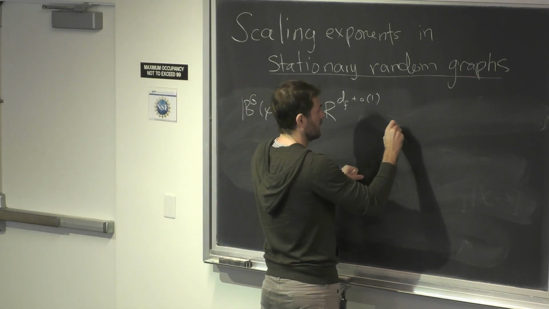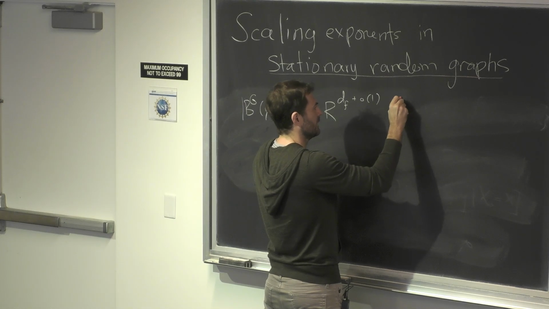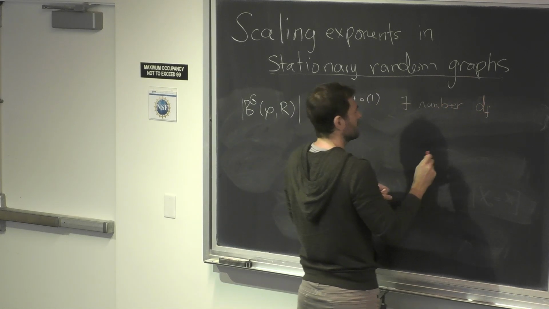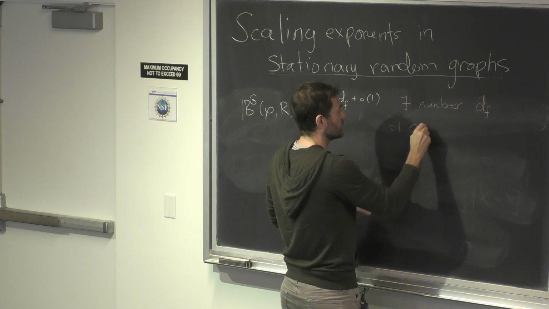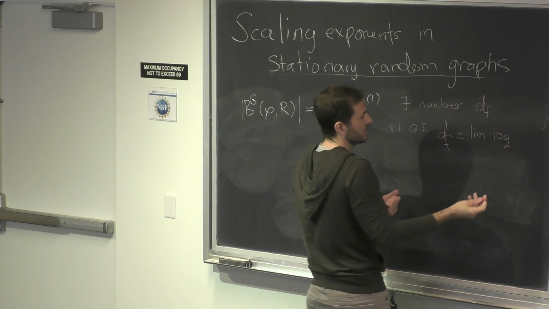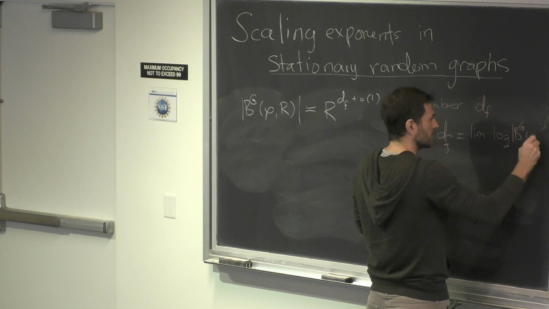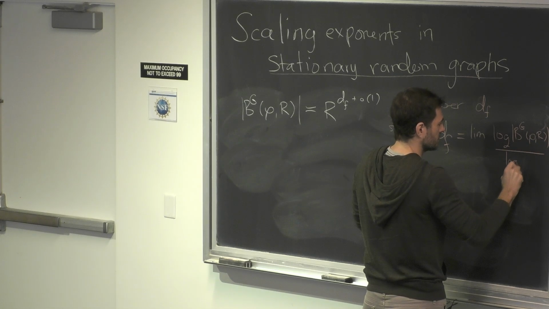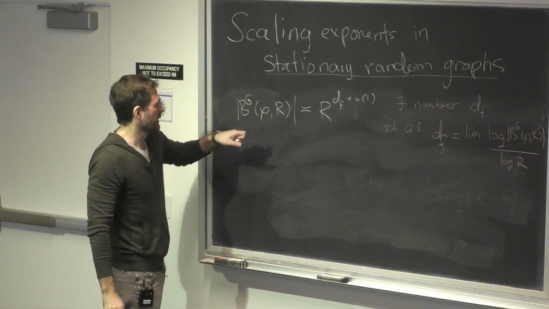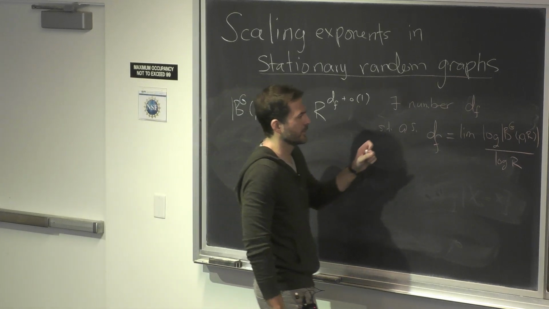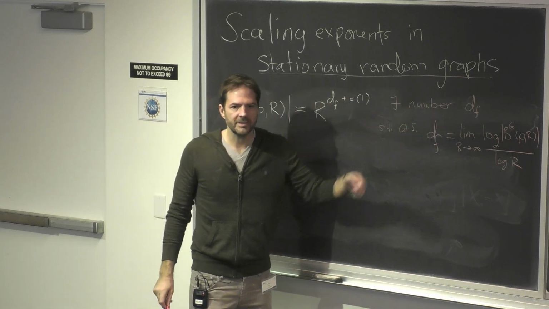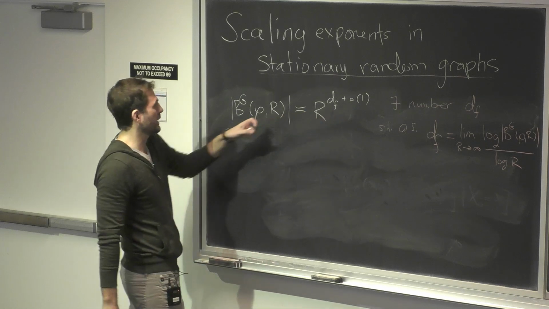Which means that I want it to be that there exists a number d sub f such that almost surely d_f equals the limit, up to sub-polynomial corrections. So almost surely over the choice of the random rooted graph, this limit exists and is equal to some fixed number d sub f. That's what I mean. So this is not a random number, even though this is a random graph.